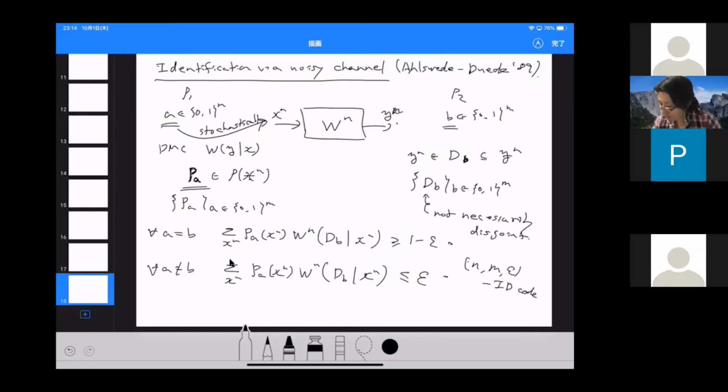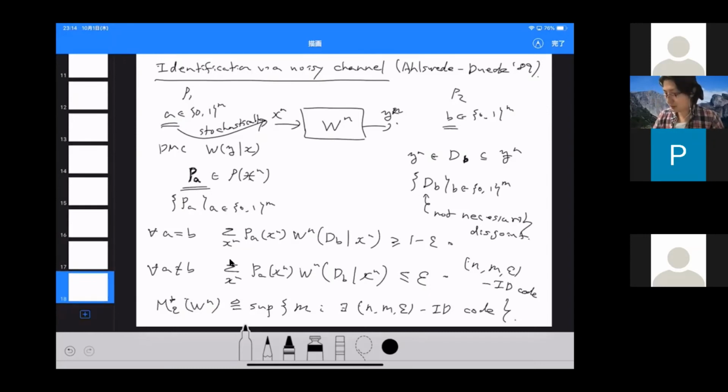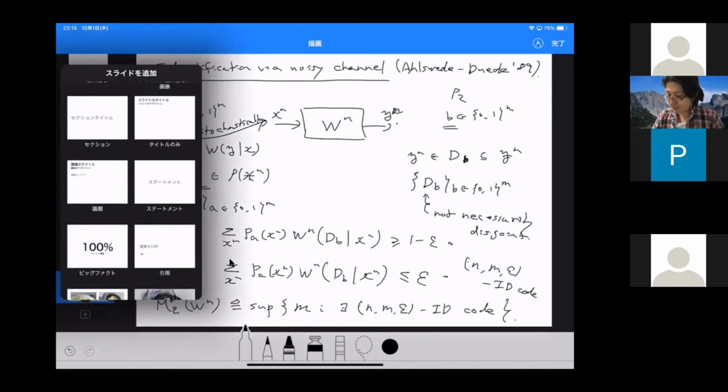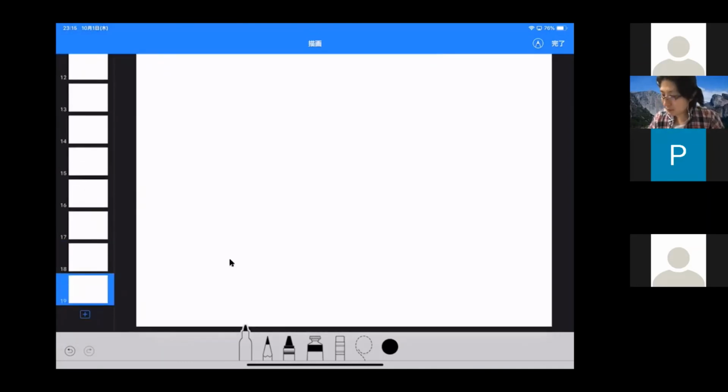And so we define M epsilon star of Wn as the supremum of the length M such that there exists an M epsilon ID code. Okay, so this is the identification via noisy channel formulation. And we define the identification capacity over the channel by taking the limit.